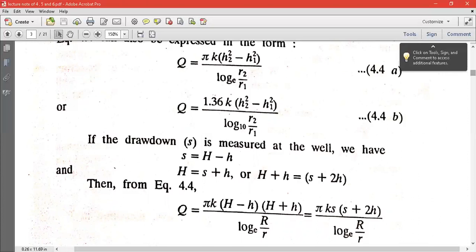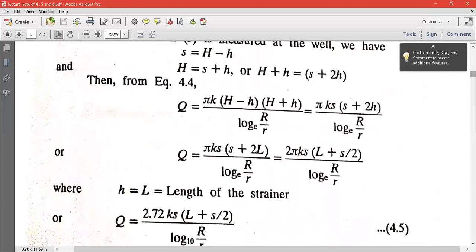So ultimately Q equal to 1.36 K (capital H square minus small h square) by log 10 capital R by small r will give the expression pi K s into (s plus 2h) divided by log e (R by r).